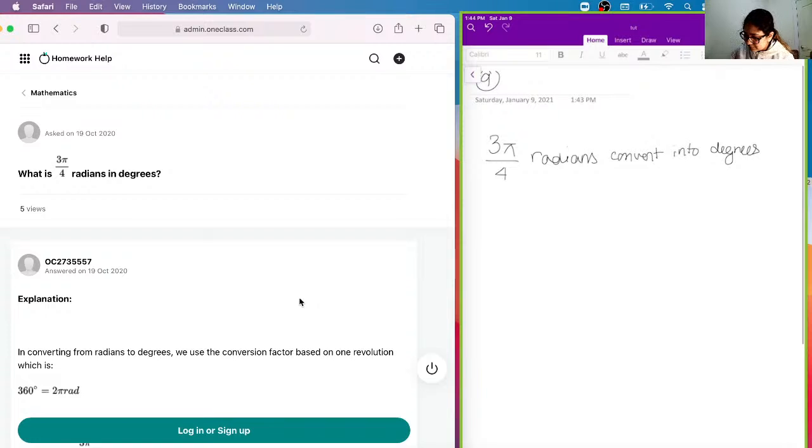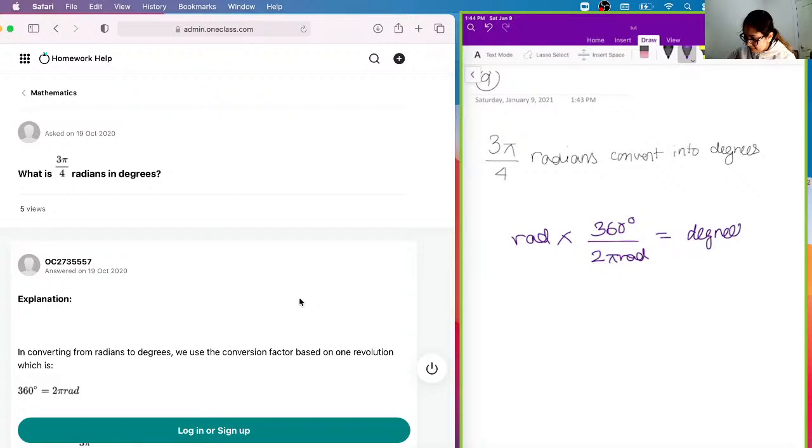So the conversion factor is basically radians times 360 degrees over 2 pi radians, since we know that one revolution is 360 degrees, or 2 pi radians.